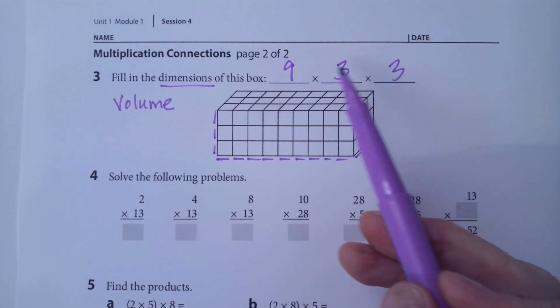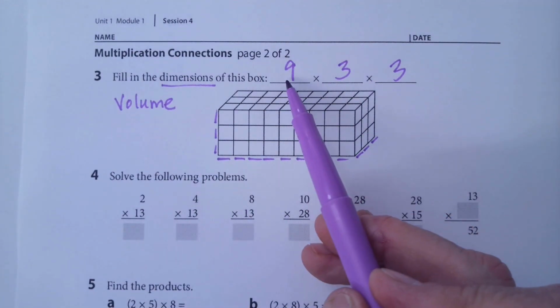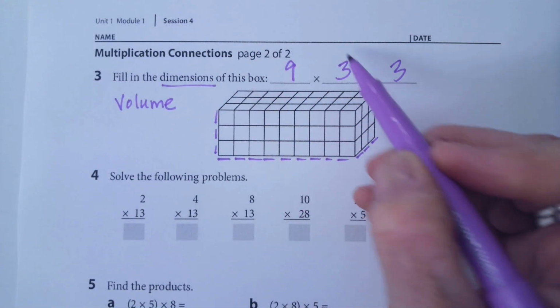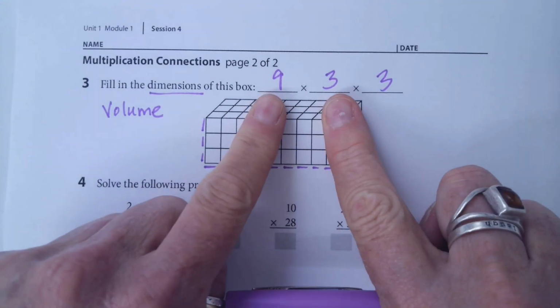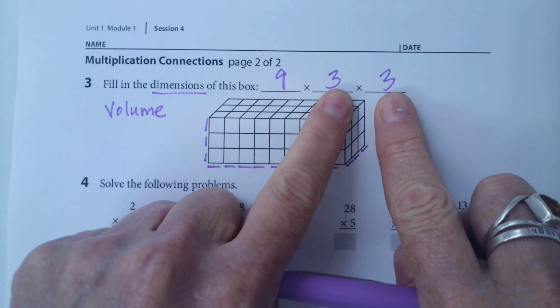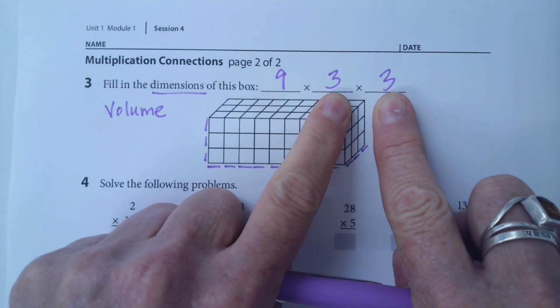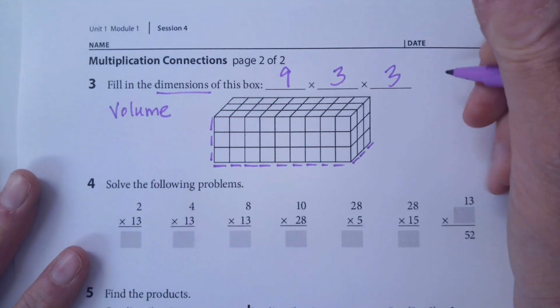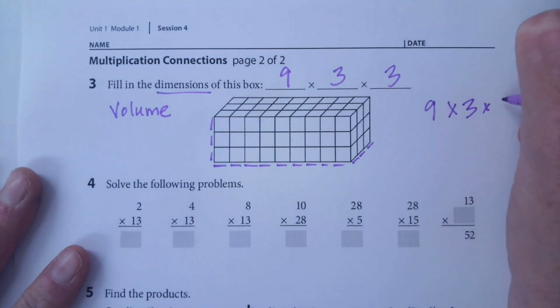Now we know, because of the commutative property of multiplication, also the associative property, that we can do these in any order we want. So I could do 27 times 3, or I could do 3 times 3 times 9. I like that one because I already know that fact. So 3 times 3, I'm going to rewrite this right here, 9 times 3 times 3.